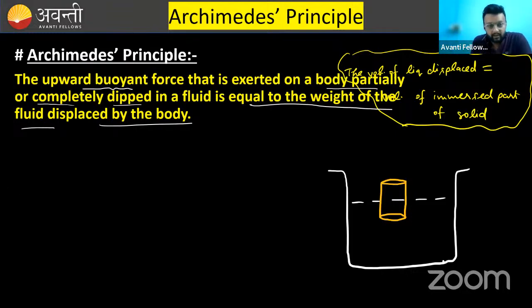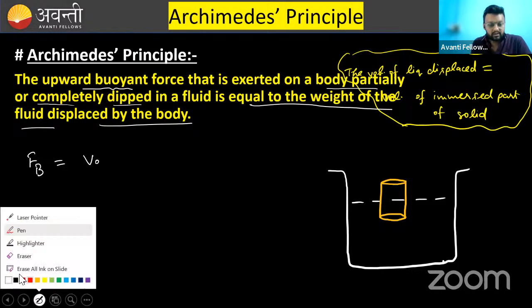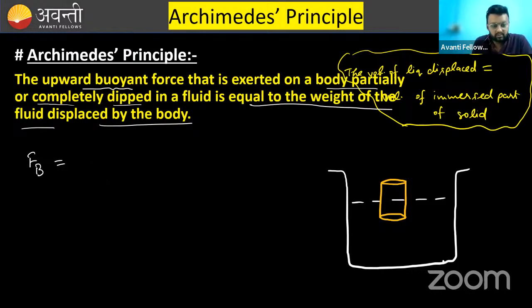So the buoyant force F_B is equal to the weight of liquid displaced. This is actually the Archimedes principle in a simple sentence.